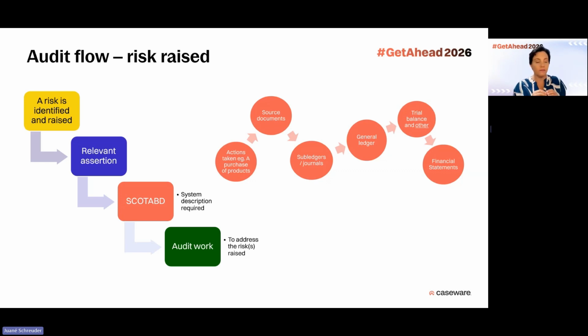If I've identified a risk of accuracy, that the sales may not be accurately recorded because the numbers may be wrong, or we might have the wrong stock item, we need to go and test that the right number was invoiced, the right item was invoiced, etc. So that's important. On the right-hand side is the slide showing how the information flows and what elements you would include in your system description.